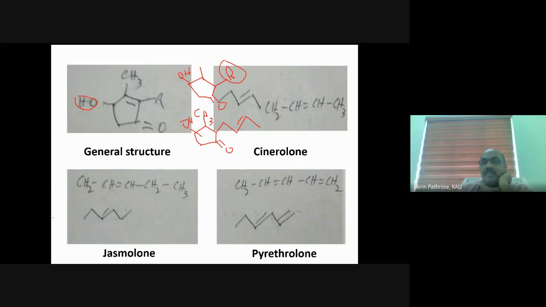So here it will be CH2 CH double bond CH CH3. Hope you understand. Are you getting how it comes? Yes or no? How the side chain is formed?